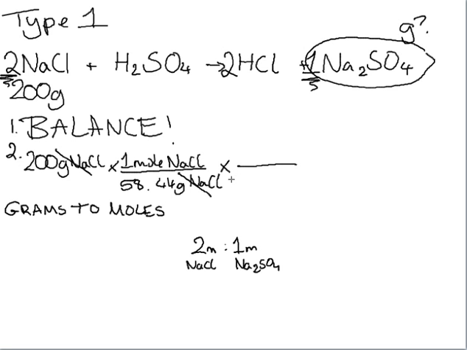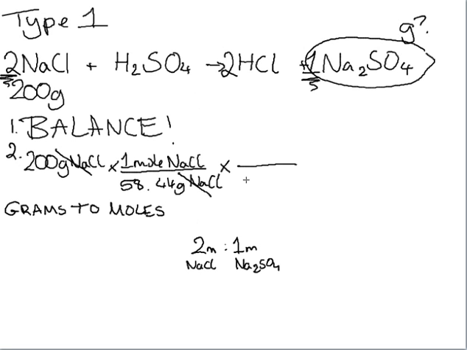What we're trying to do is cross out things. This is crossed out, and we want to cross out this, right? If we want to cross out things, they have to be the same in the units. So which one would we pick to put here? This is moles of NaCl, and this is moles of NaCl.